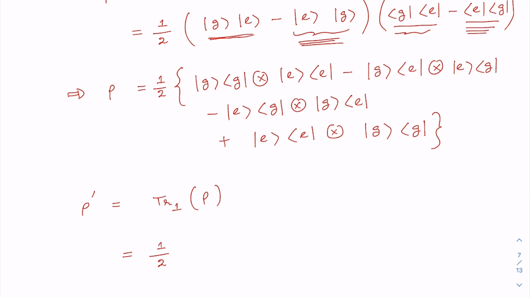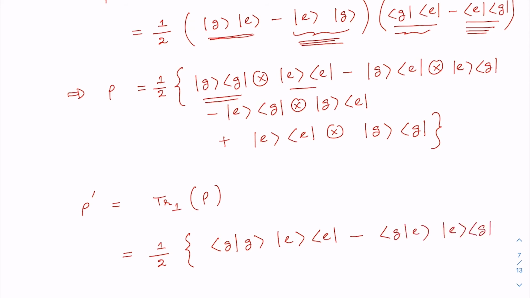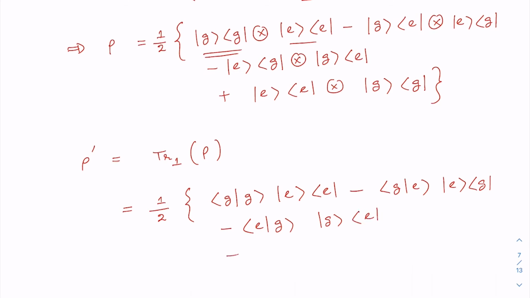If I take the trace here, this is my first system, this is my second system, so the first system's direct product becomes a scalar product, and here I'll have the second system ket E bra E. Similarly for the second term, I will have scalar product ZE, and here ket E bra Z, and the third term will give me scalar product EZ, and here I have ket Z bra E, and the last term will give me scalar product EE, and here I'll have ket Z bra Z.